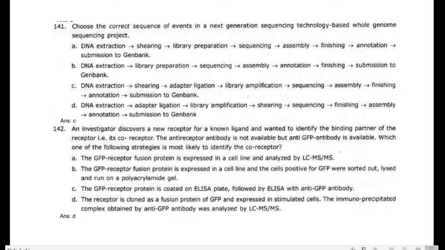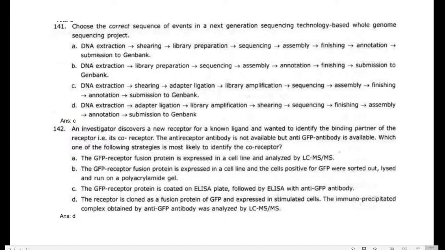Then assembly. After getting the sequence, we want to assemble it in order. Assembling means there are small pieces of DNA in the sample. The adapters were added in the third step, right? Those adapters match the overlapping, and this overlapping process is the assembling process. Then finishing.